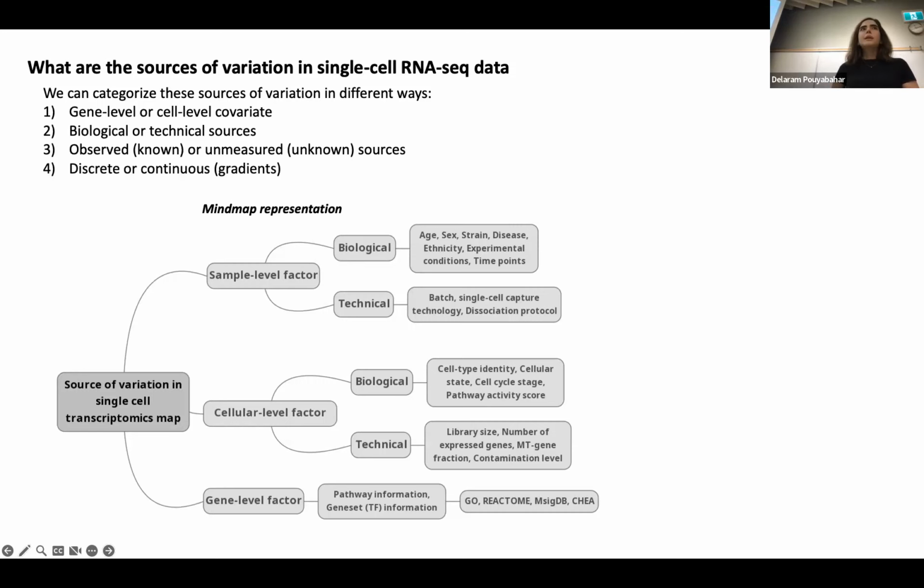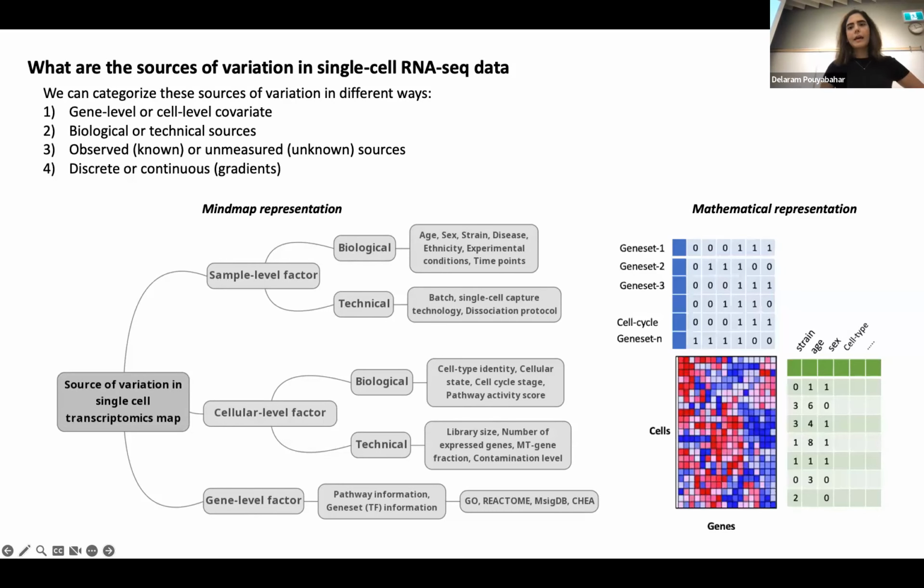So discrete would be, for example, male or female. And for continuous, you could have gradients of cellular states. And one of the reasons that I wanted to emphasize this is that when you're thinking about mathematical modeling or doing any sort of computational modeling on your data, it's important to know which of these categories you're trying to focus on.